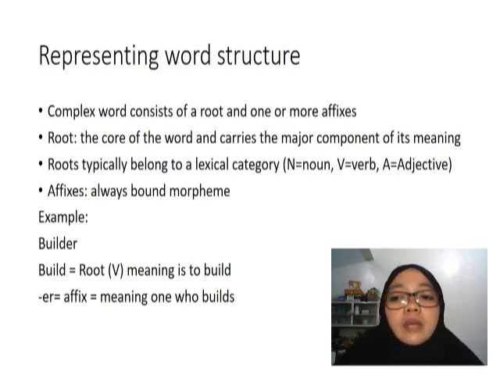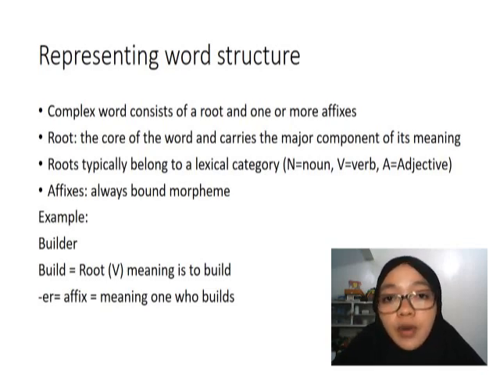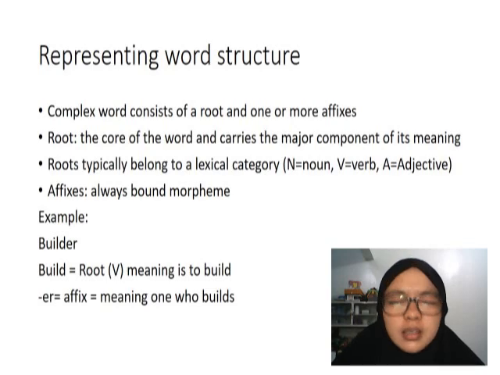The example here: build is the root. The lexical category is verb. The meaning is to build. And er is the affix. The function is to make the verb become a noun. What is the meaning? Someone who builds something.